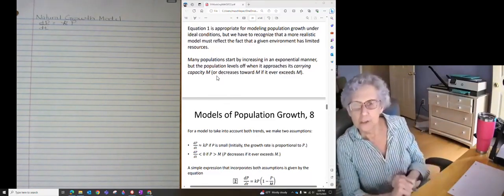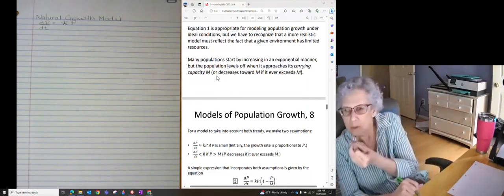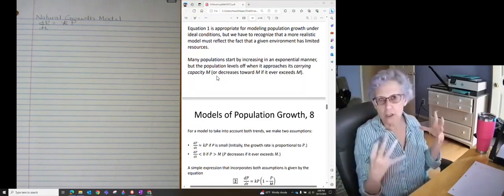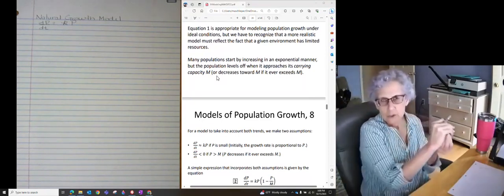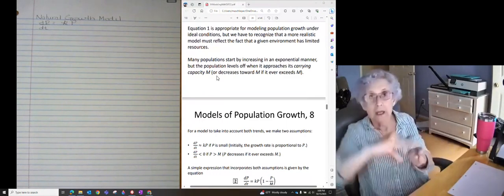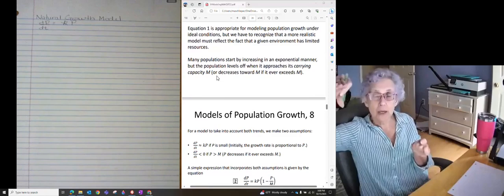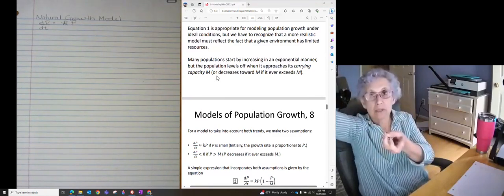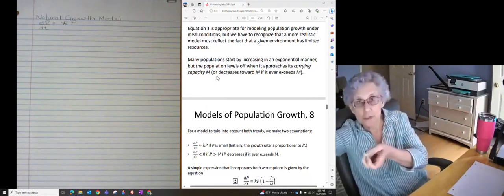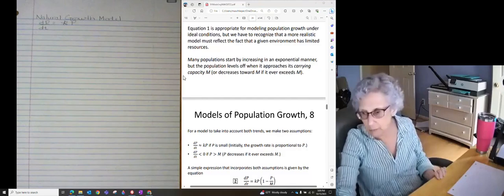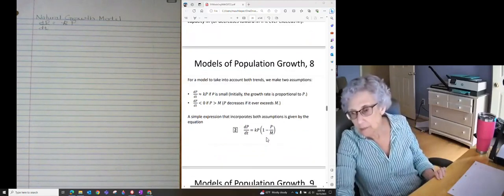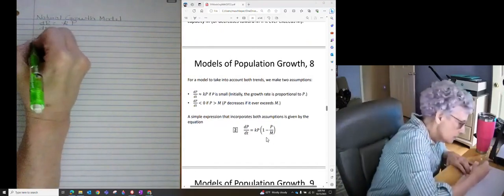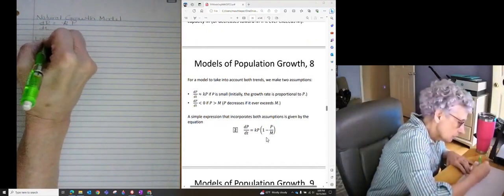So the derivative is small when you're getting close to the carrying capacity, and it's large when you're just getting started. It's positive when you're below that carrying capacity, but if you somehow jump up above the carrying capacity, the derivative would need to be negative. And this is the model that does that. So this one is the logistic growth model.